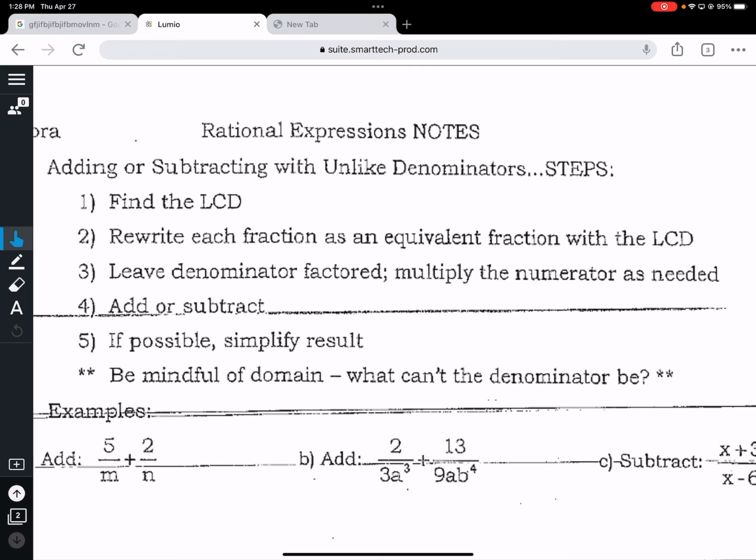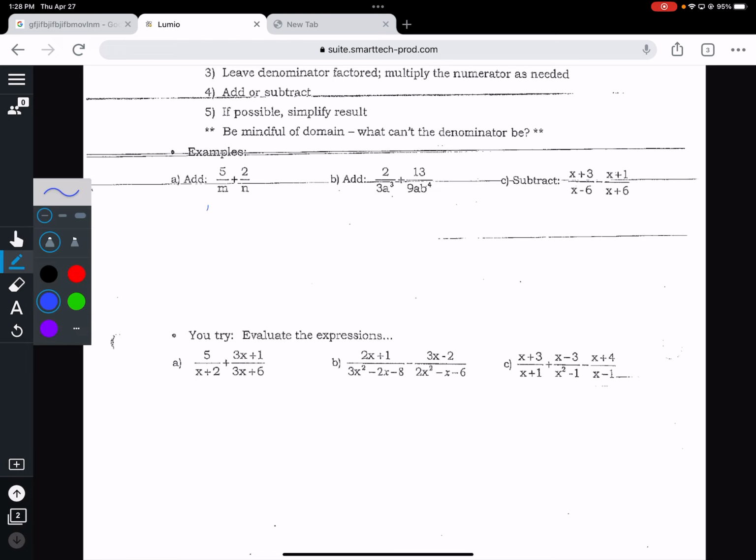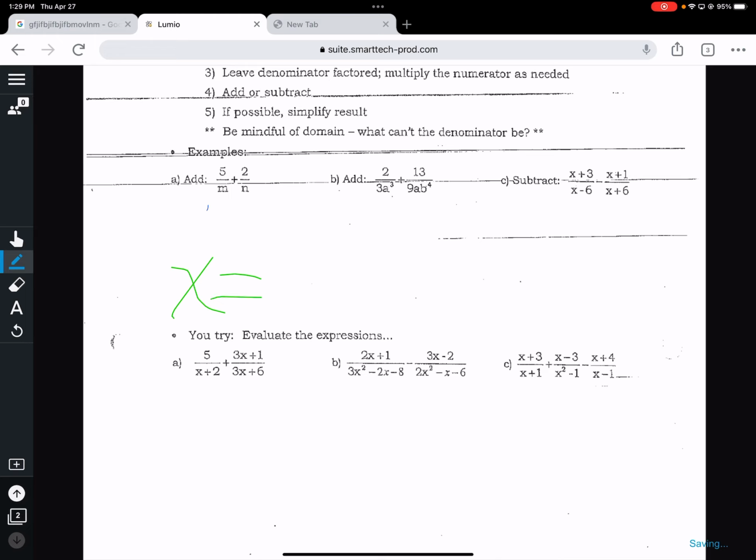And then it always says, be mindful, what can the denominator not be? Because sometimes, yes, it can't be 0, but then you have to look at what factors you have and be sure that your solution isn't part of what the variables cannot be in the denominator. So in other words, if we're factoring away and you end up with a solution of, let's say, you're working it and you get a solution where x equals 4 or negative 3, okay?